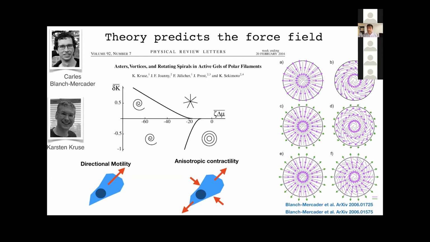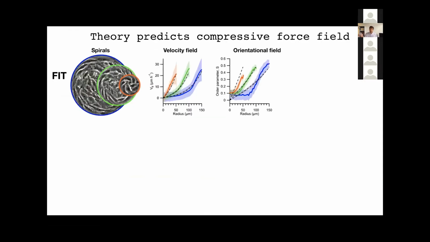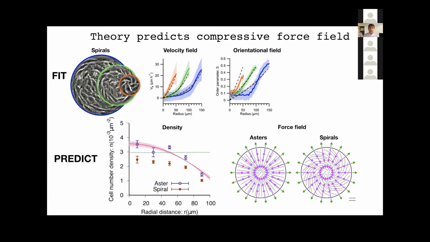And you can see here that the asters are compressive while the spirals are extensile, but then you can also have compressive asters and spirals at the same time. Now, when we fit the velocity field and the orientational field, as shown here, for various sizes of the spirals with the theory, we can actually predict well the density and the force field, which indeed in this case becomes compressive, as you can see.